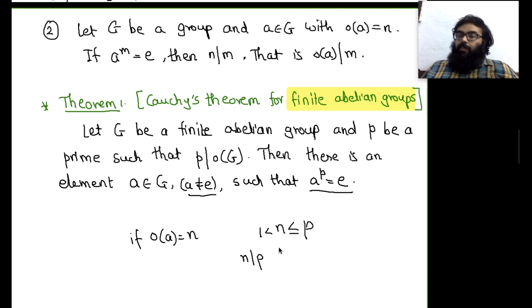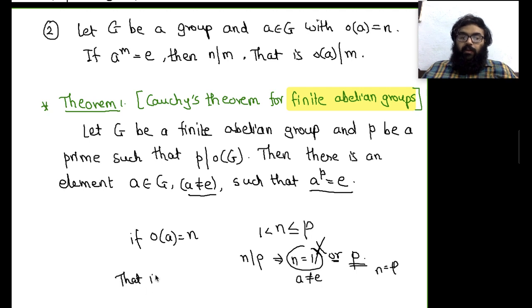But n divides p, p is prime, so the only two possibilities are n equals 1 or p. But it cannot be 1 because A is not equal to identity. So that means n equals p, that is, the order of A equals p.